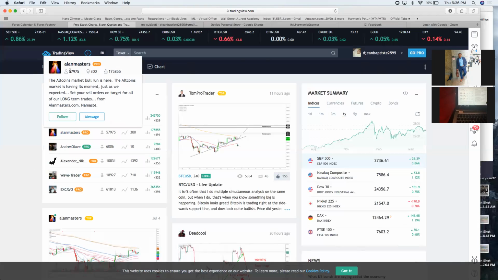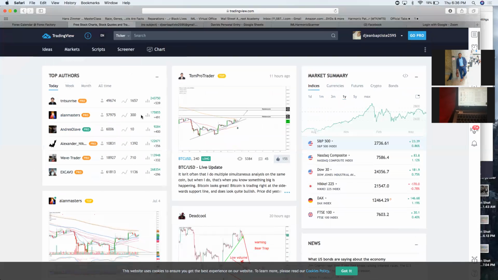As you can see, they have multiple individuals following them. They gave out over 300 analyses, which is the light bulb, and this is the reputation that they have as well. If you want to look at top authors for the day, for the week, for the month, this is definitely the place to go.